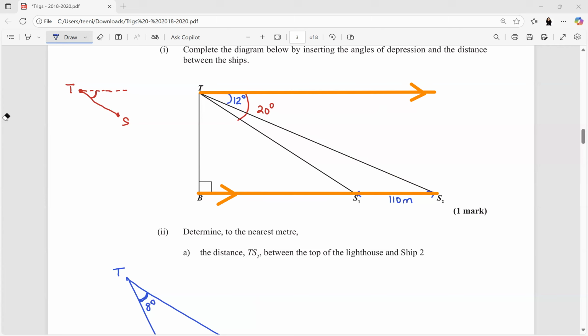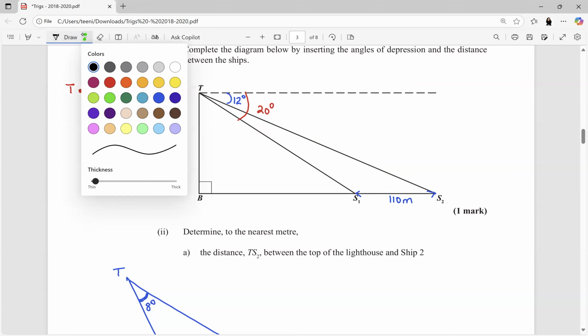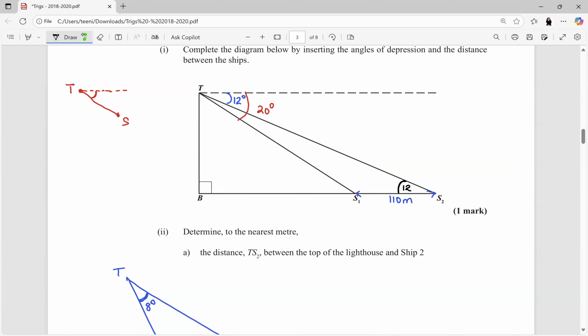So these two angles, this one of 12 degrees and this one over here, are equal because they are alternate interior angles. So this angle is also 12 degrees.